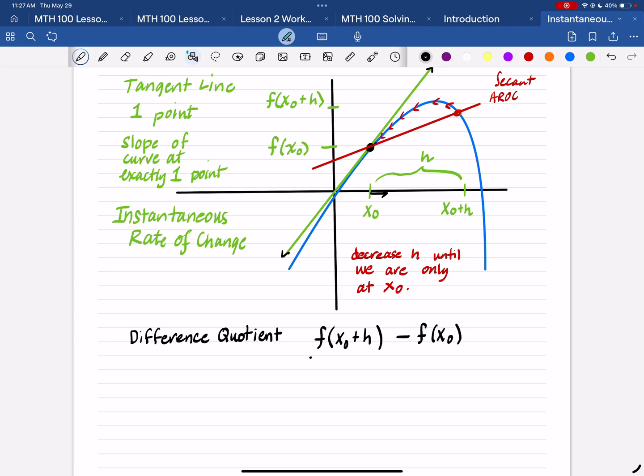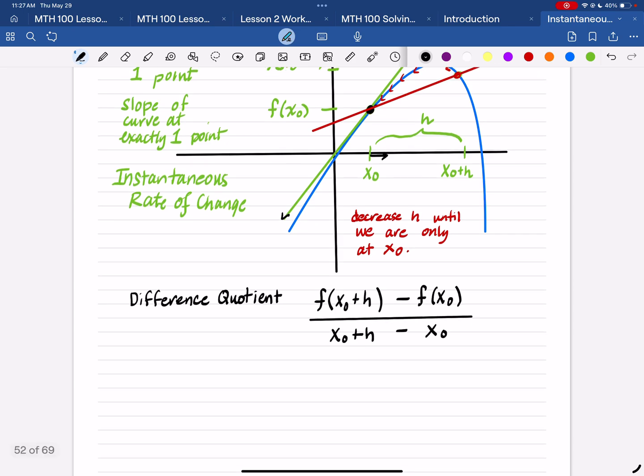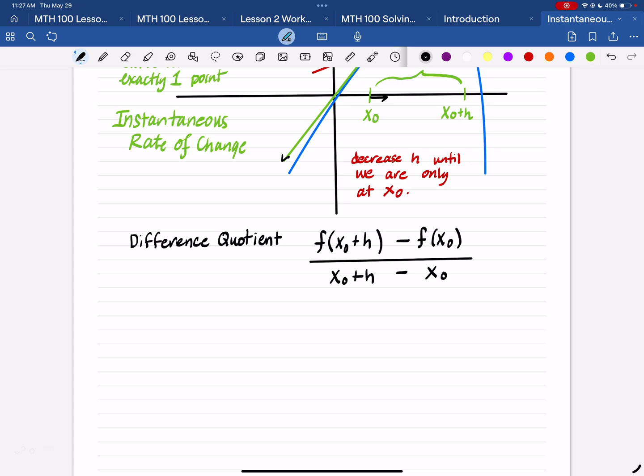All of that will be divided by x sub 0 plus h, subtract x sub 0. It's exactly the same as the slope formula. It's just in new notation. So this will give us f of x sub 0 plus h minus f of x sub 0. And when you subtract the two x values, you end up with a denominator that is just h. That is called the difference quotient.